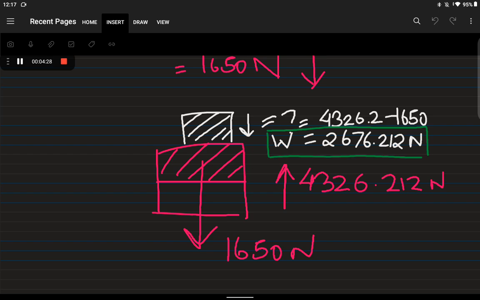To maintain the system in equilibrium, we need to keep a weight on top of the cope. What is the weight? Simply subtract both of them for equilibrium, summation Fy equal to 0, and we get the weight, which comes out to roughly 2676.212 Newtons. This is the final answer that is required.